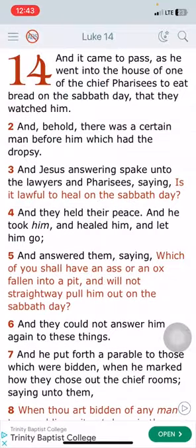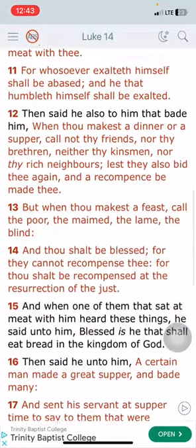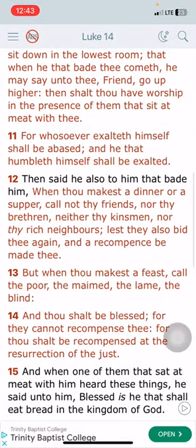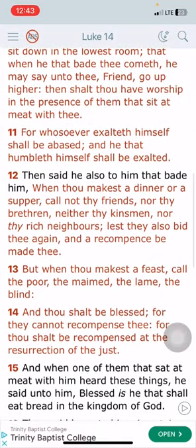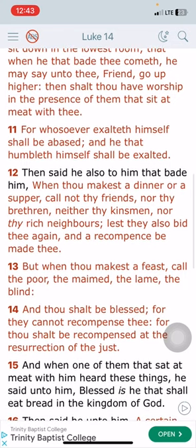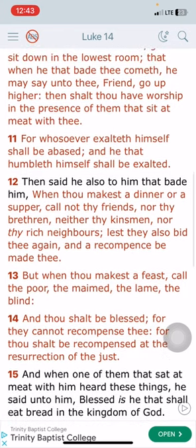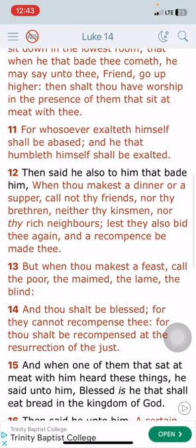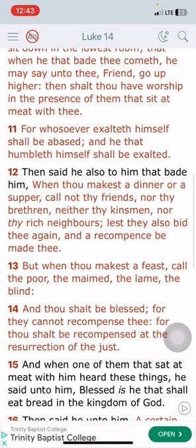Let's get this. Luke 14:11. For whosoever exalteth himself shall be abased, and he that humbleth himself shall be exalted. Yeah, because if you exalt, this guy is exalting himself, man.